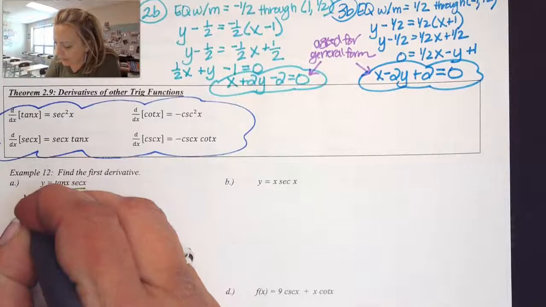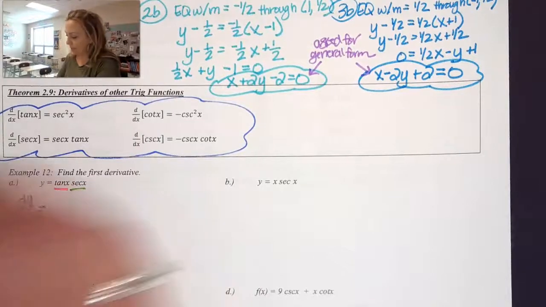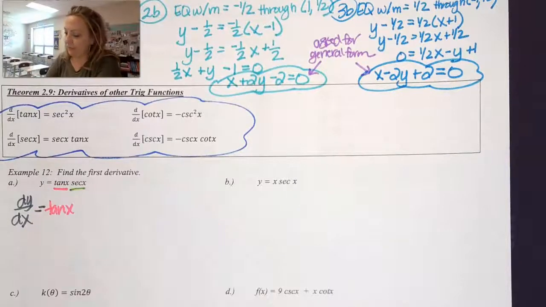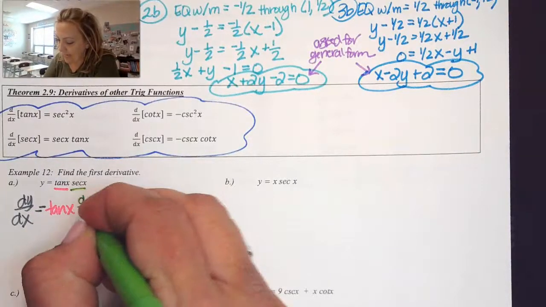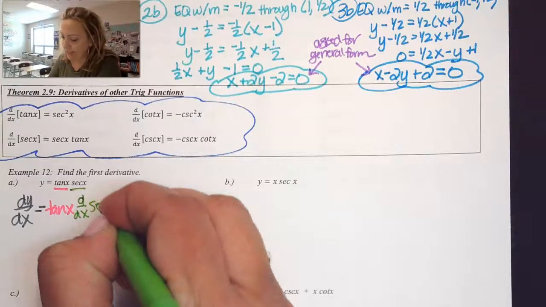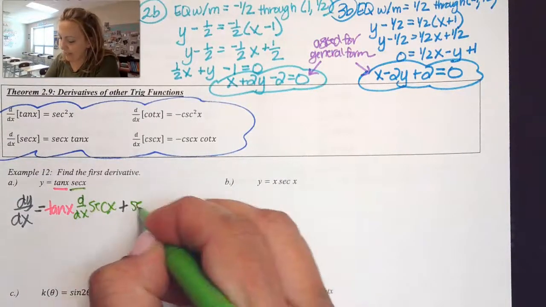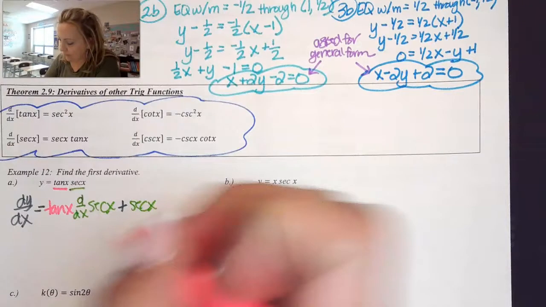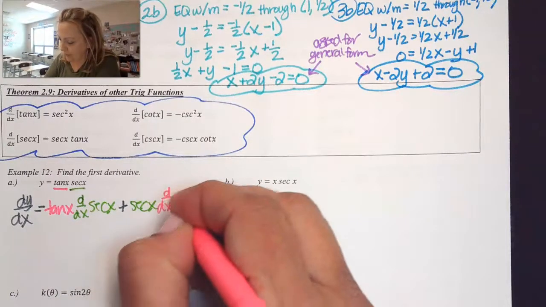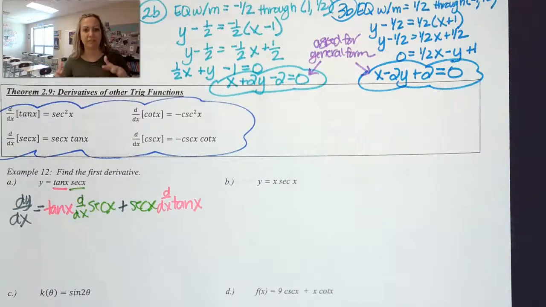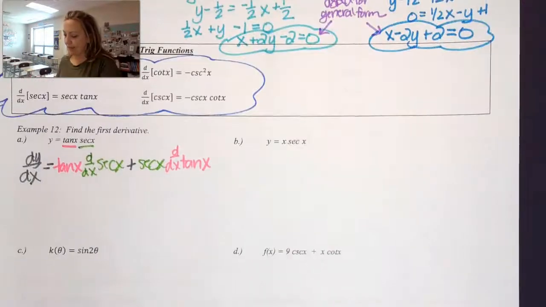So we have dy dx equals, and then with the product rule, remember we're going to take the first times the derivative of the second plus the second times the derivative of the first. Okay, and I know we're probably used to that at this point, but because these trig derivatives are new, I'll write it out for this one, okay?